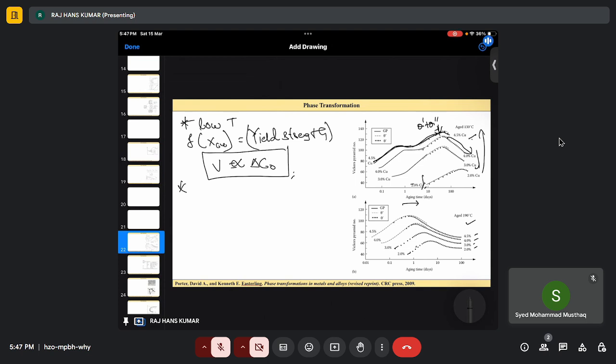Now, next, what about the temperature? Let's say the temperature is increased. As I've said before, if the temperature is increased, the diffusion of atoms will also increase. At higher temperatures, you can see there are no GP zones at all. Why?